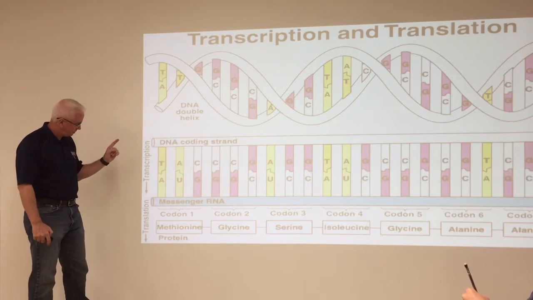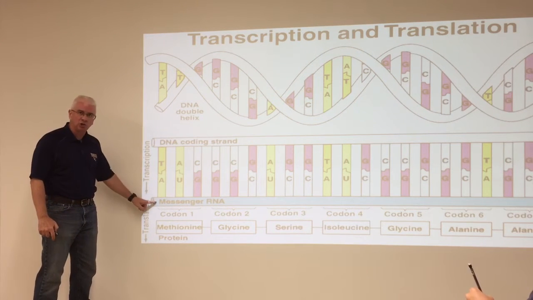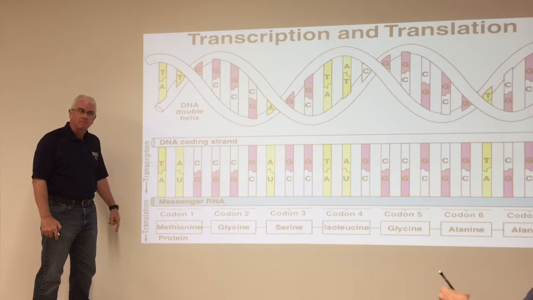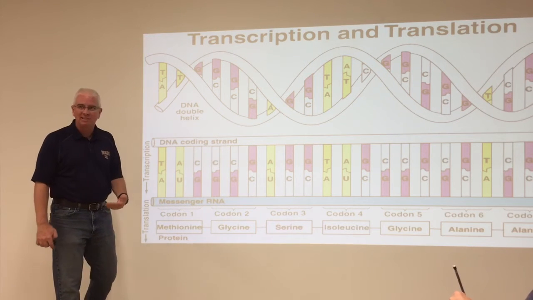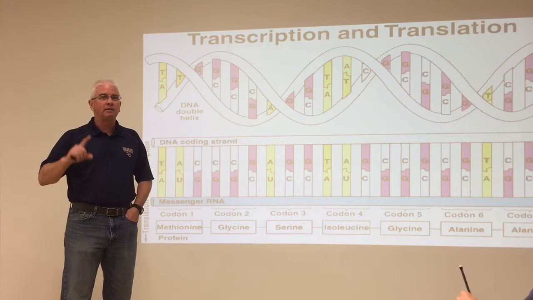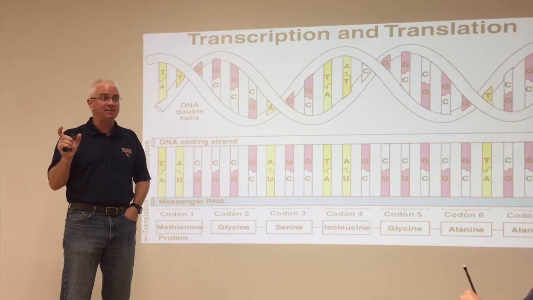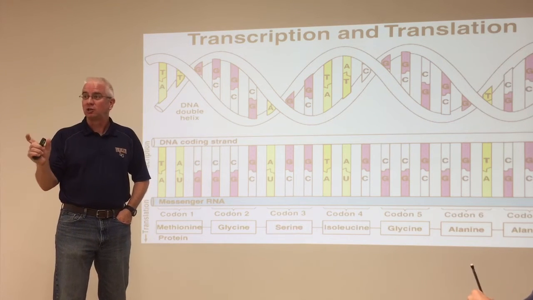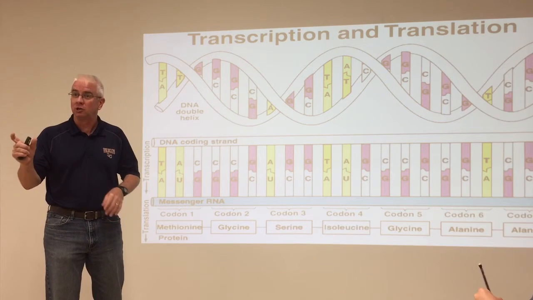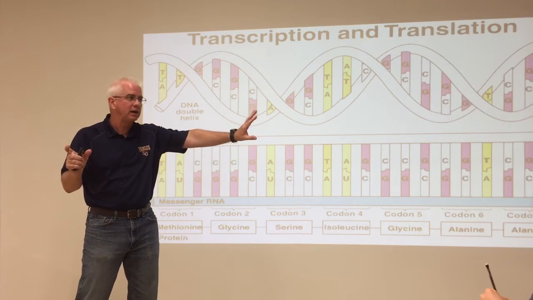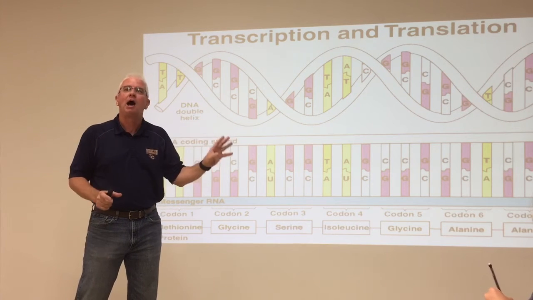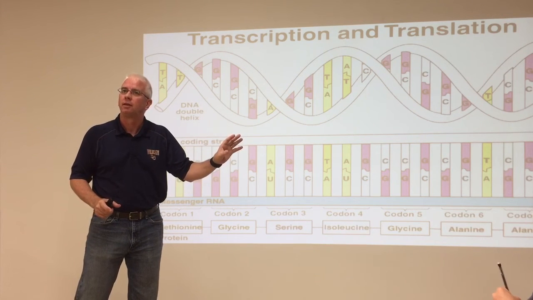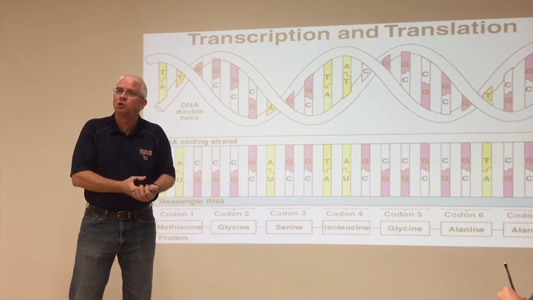That copy is called messenger RNA. The reason it's called messenger RNA is because it now contains the instructions. It becomes a messenger to tell the organelles in the cytoplasm how to build the protein. It is truly a messenger.